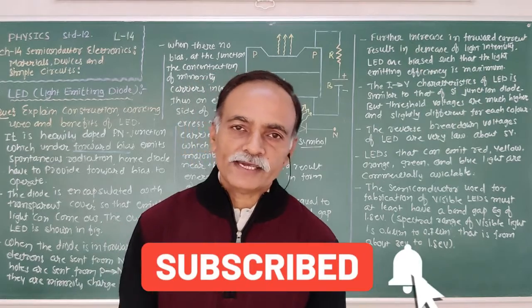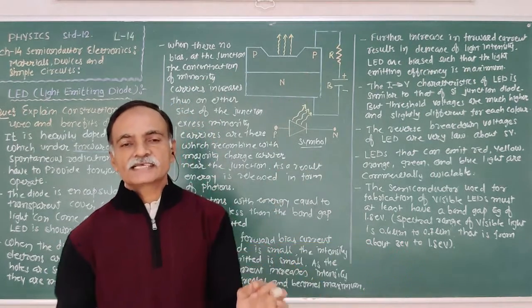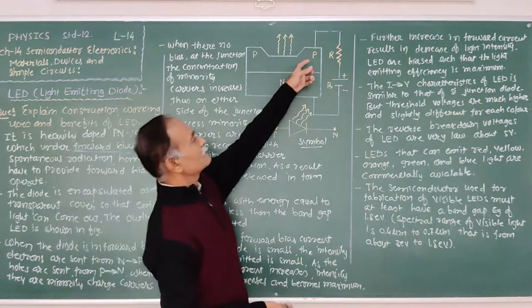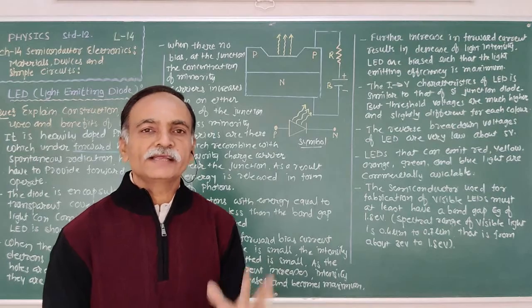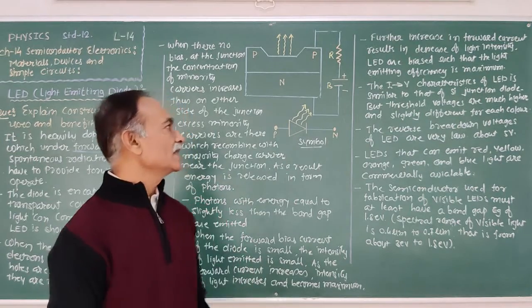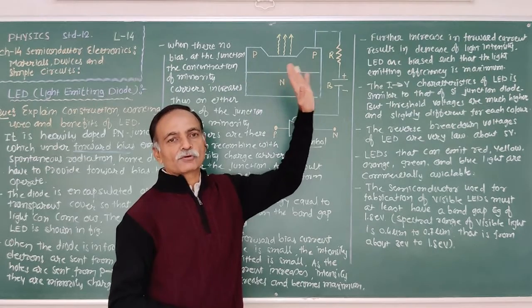The same way, in the N side, the minority charge carrier holes diffused from P to N increase in the absence of any bias. Bias means no battery connected.